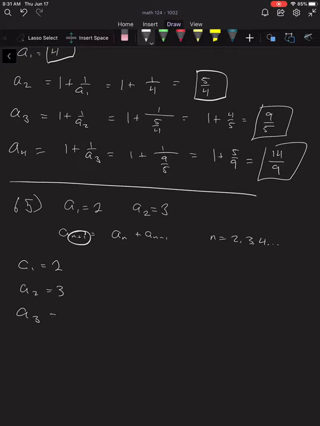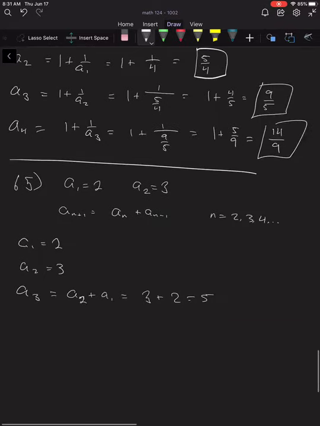So we're going to get AN plus A(N-1), we plug a 2 in here and a 2 right here. We're given what A2 is, that's 3, and we're given what A1 is, that's 2. So this is going to be equal to 5. So A3 is equal to 5.